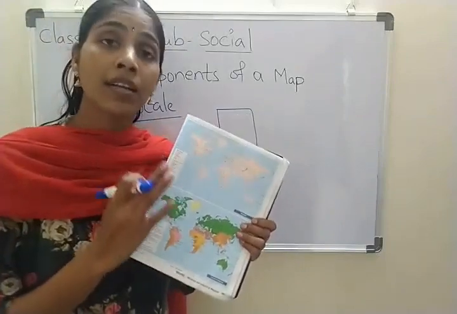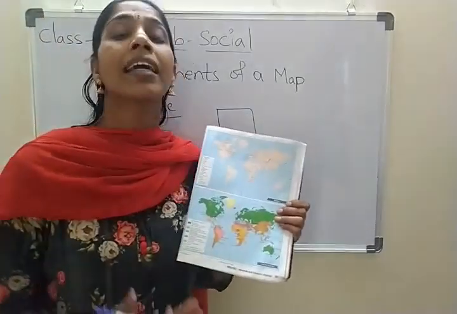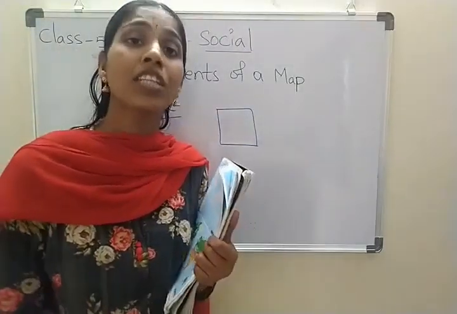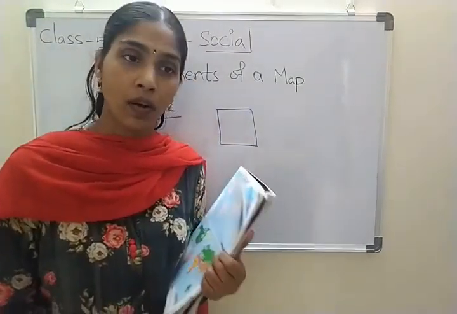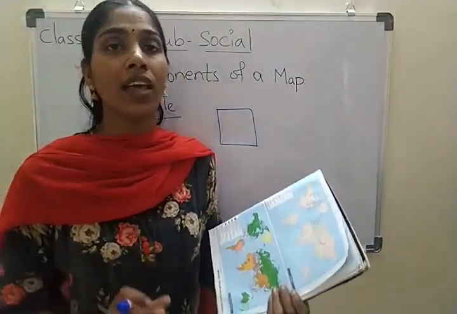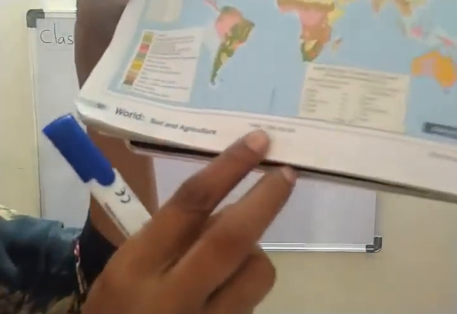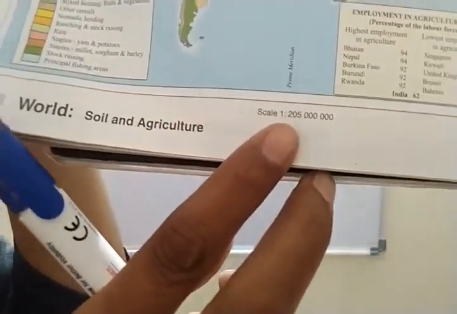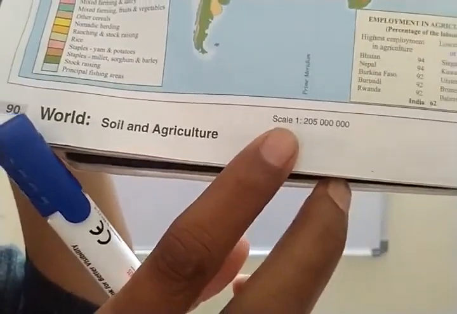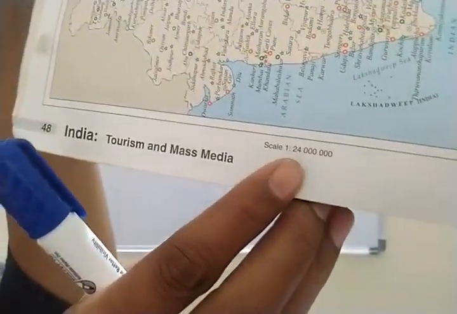Okay, children, maps are drawn with a scale to represent the real distance between two places. Okay, so every map is drawn with a scale. Okay, now look here, children. Children, is it visible to you? Scale. Okay. So, children, every map is drawn with a scale.